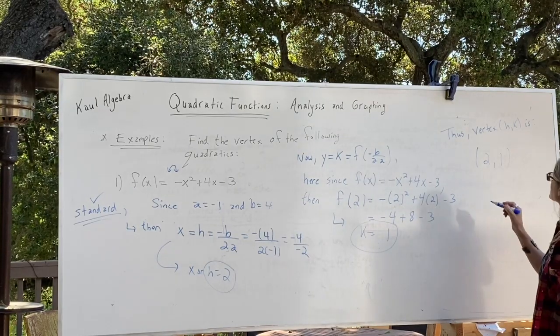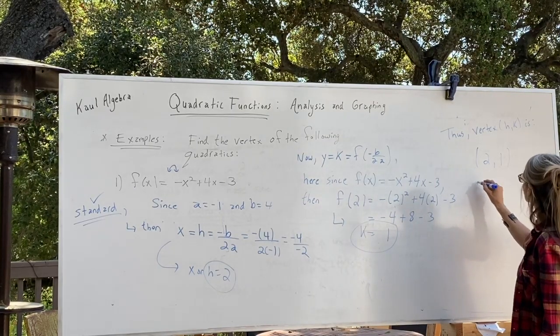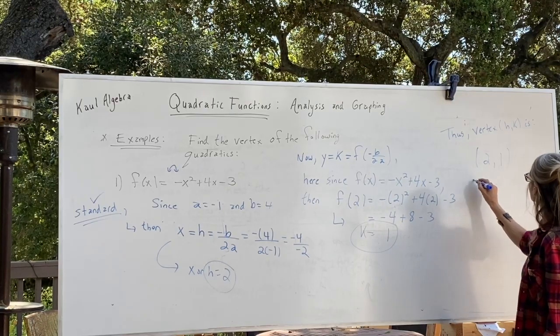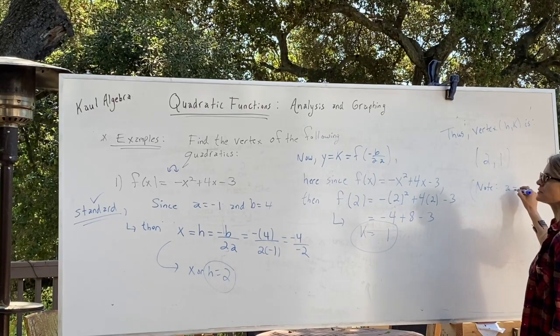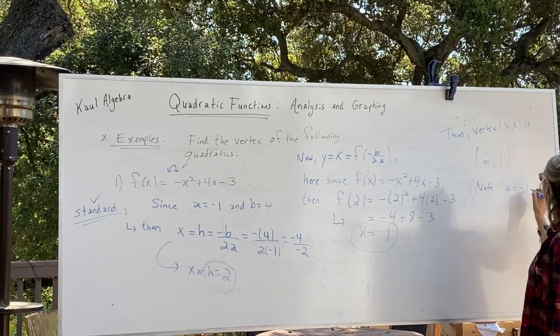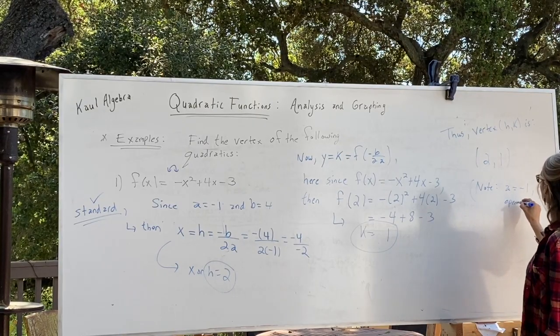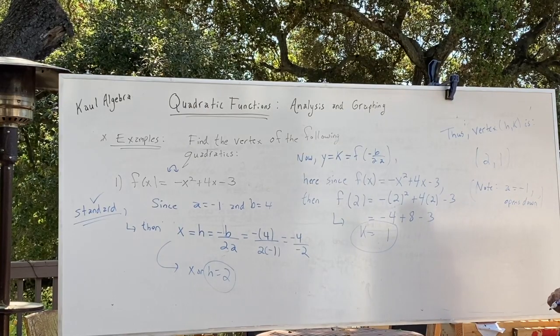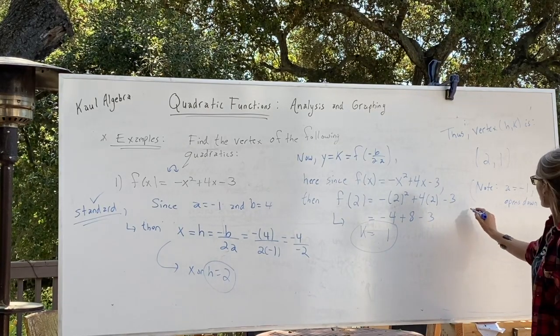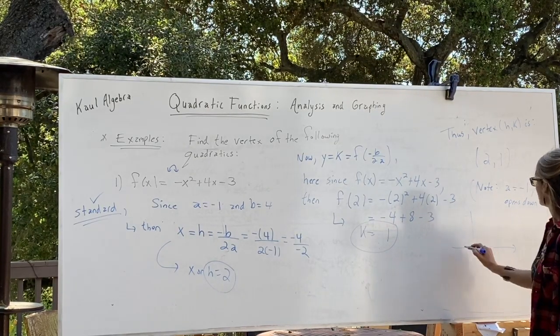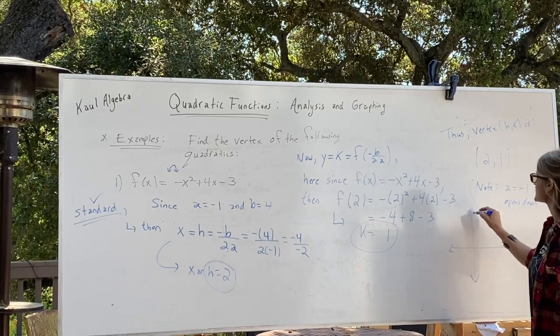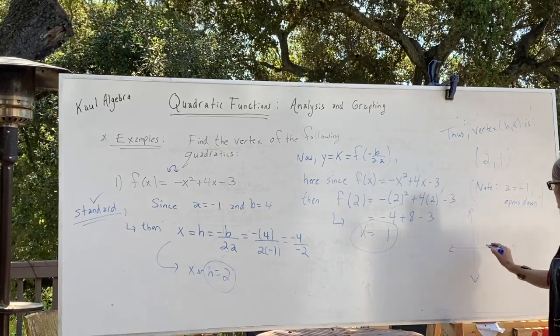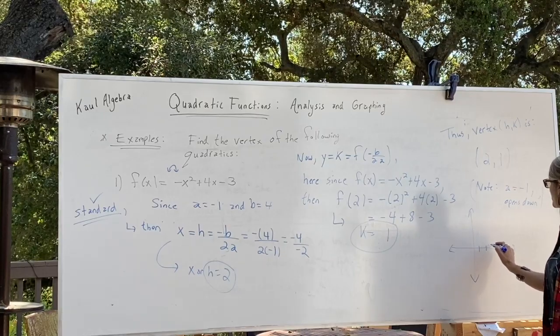If you notice, a is equal to negative 1, so it opens down. If you were to do a rough sketch, you'd say, okay, well, (2, 1), just to get a sense of what this quadratic function or parabola is doing.